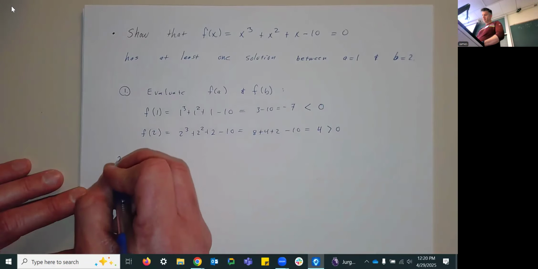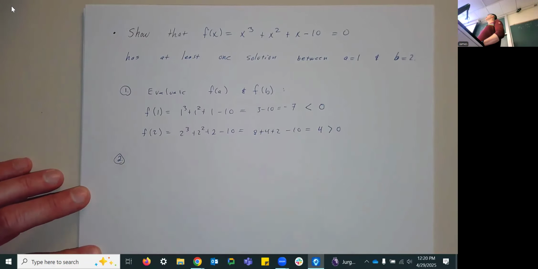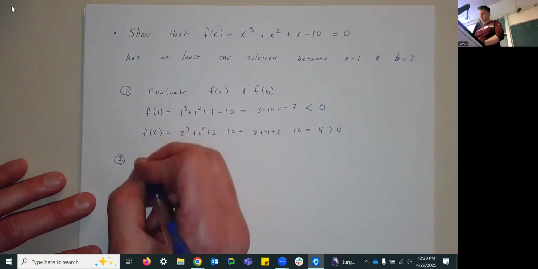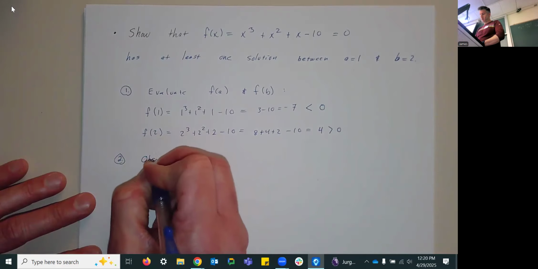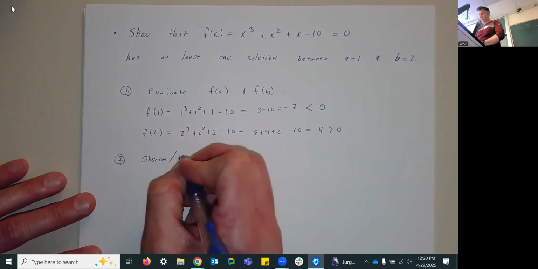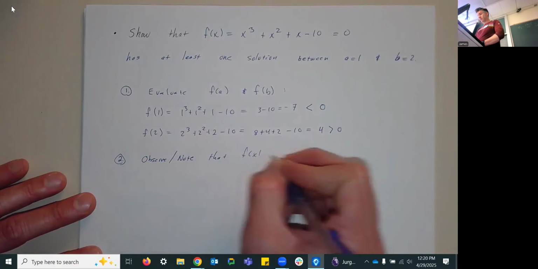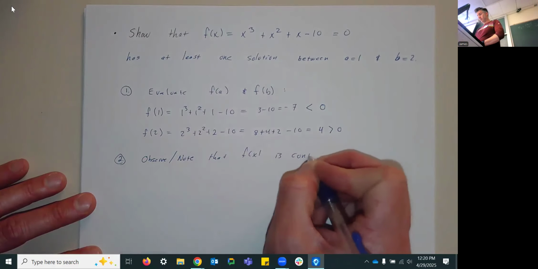And then you should say something about how the function is continuous on the interval. Really, you just have to say it. Observe or note, whatever word you want to use to point it out. Note that f of x is continuous.